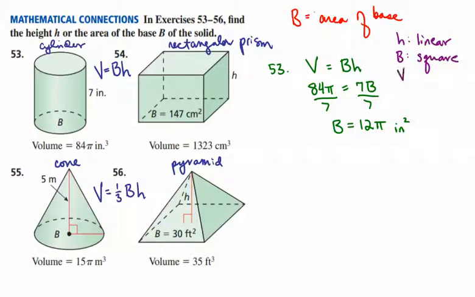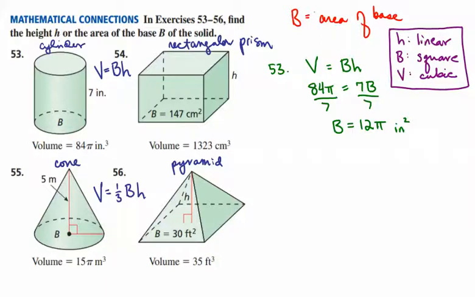And we have volume, and its units of measure are cubic. Depending on which value we're trying to solve for, they will have different units of measure. Since we solve for the area of the base in problem 53, it has square units, and so it's 12 pi inches squared.